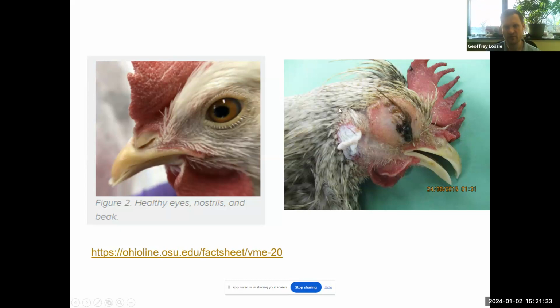And then we compare it to this bird on the right. What you can see here is that all those fine feathers right around the eye are gone. That's periocular, so around the eye, feather loss. The eye here is actually completely encrusted shut due to ocular discharge and matted feathers.